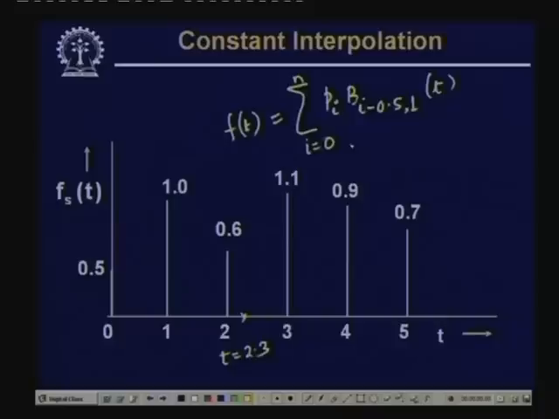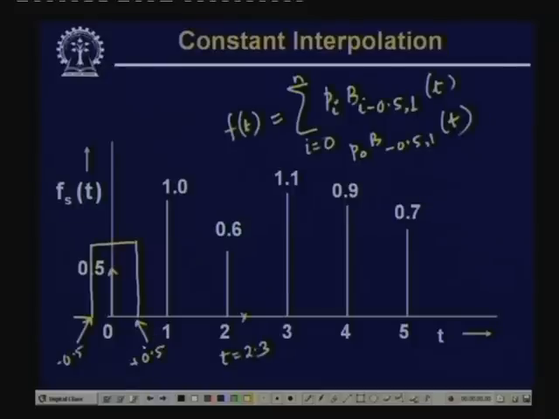So, when I compute p 0 b minus 0.5 1 t, for this particular component, along with this sample p 0 which is equal to 0.5, I have to consider the B-spline interpolation function as this, which is equal to 1 from minus 0.5 to plus 0.5. Here again, because b minus 0.5 1 t is equal to 0 beyond t equal to 1.5.